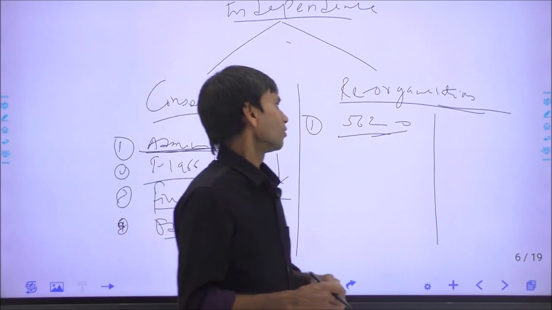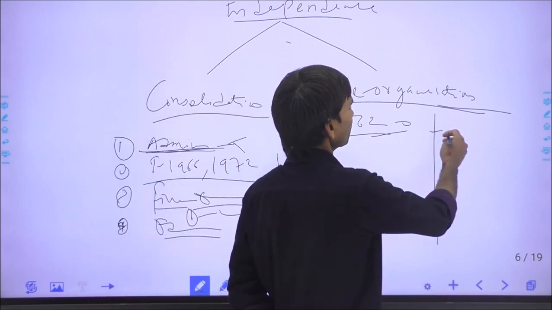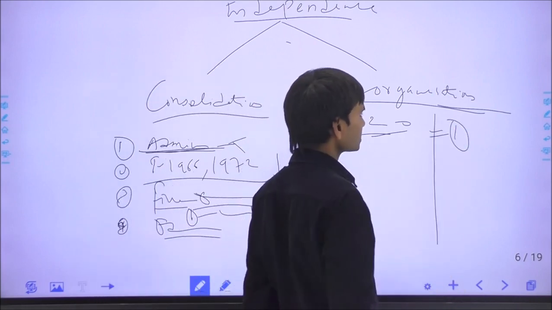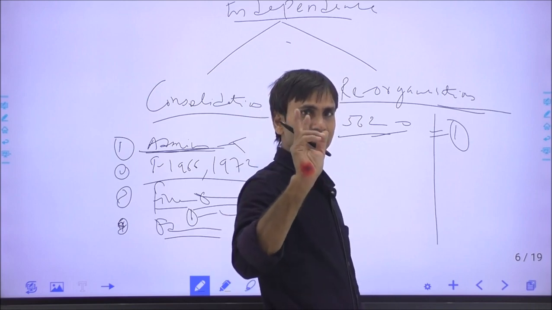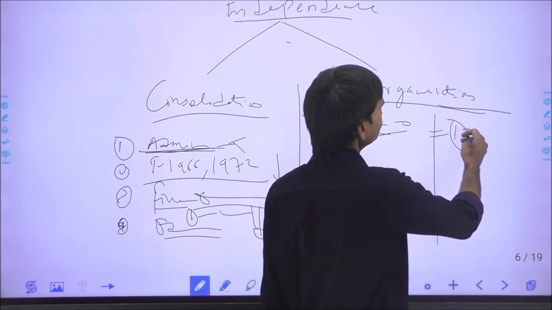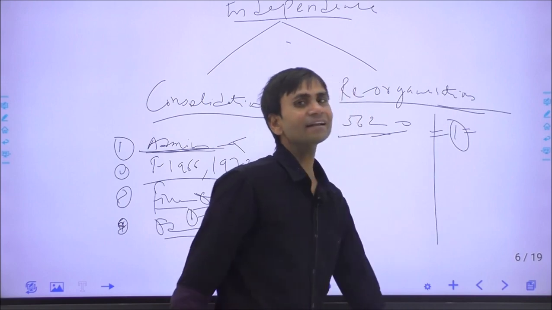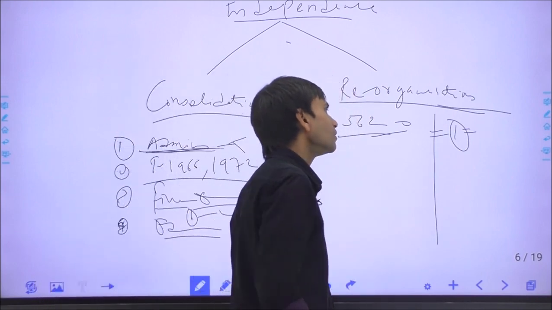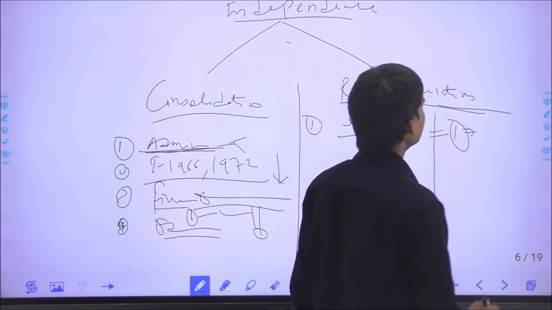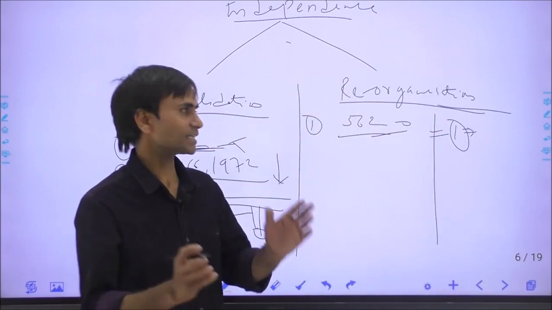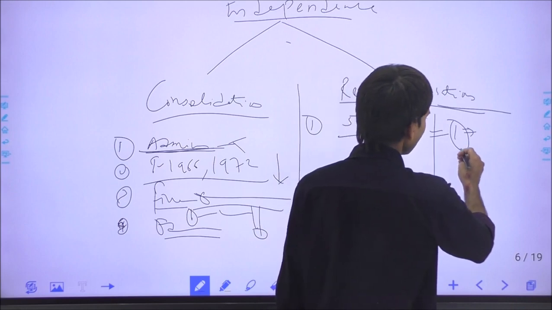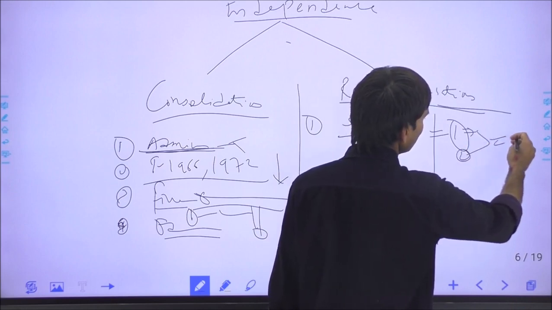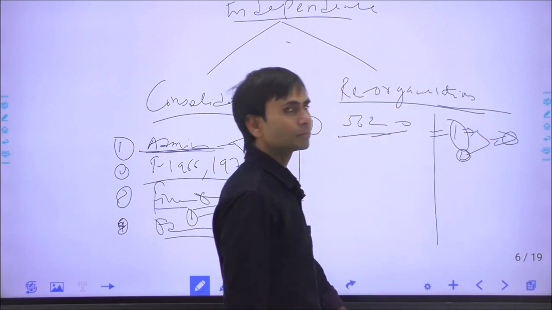And what were the strategies followed by Vallabhbhai Patel? In this strategy there were two main aspects. One was the standstill agreement or the instrument of accession. Standstill agreement and instrument of accession, and you have to study the relationship between them.